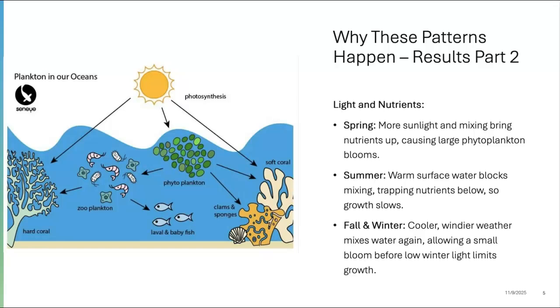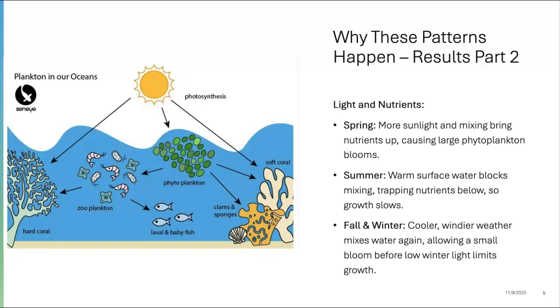So why do we see these differences? It all comes down to how light and nutrients change with the seasons. In spring, sunlight increases and the surface water is still mixing with deep water, bringing up nutrients. This is perfect for phytoplankton, so blooms explode. In summer, the surface warms up and forms a separate warm layer. This prevents mixing, so the nutrients get trapped below.